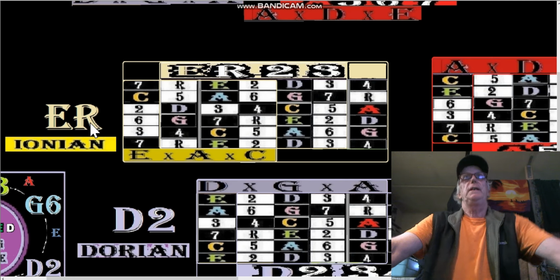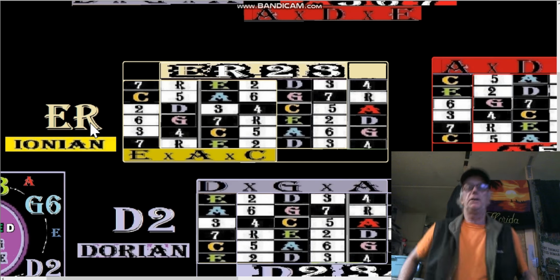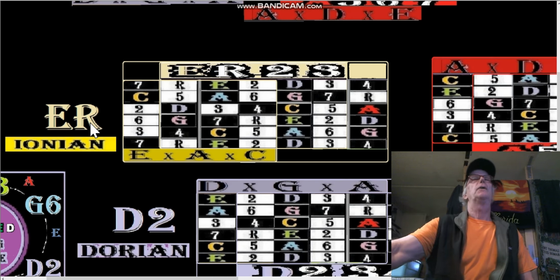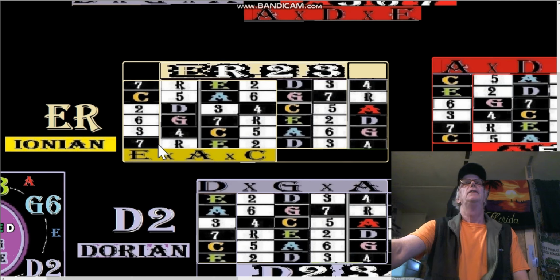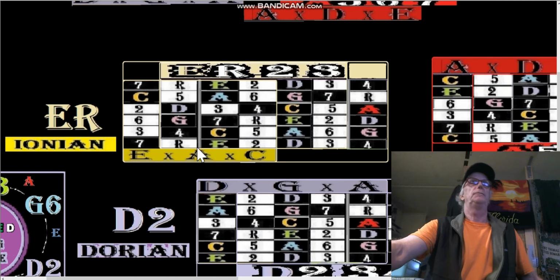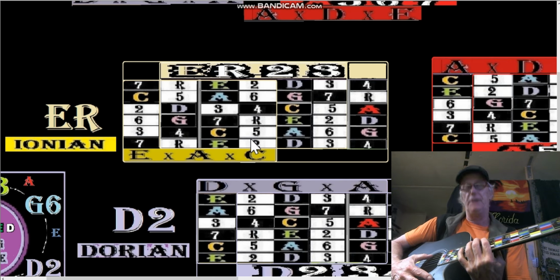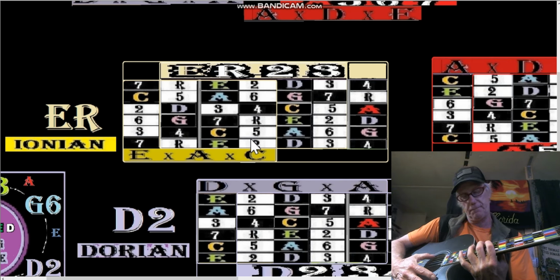The old E system, out of the word CAGED, usually starts on the 7th, that would be a B here, and plays like this. Now where is that blues note in there? Well, there it is, in between the 2 and the 3.